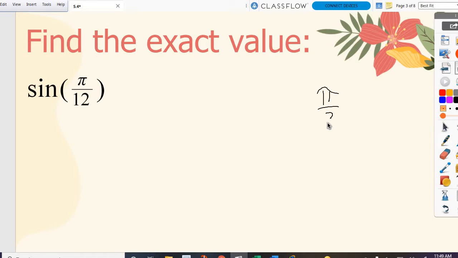Is that the only combination that would work? Yes, no, maybe. Does that combination work? Yeah? Is there another set of combinations that would work?